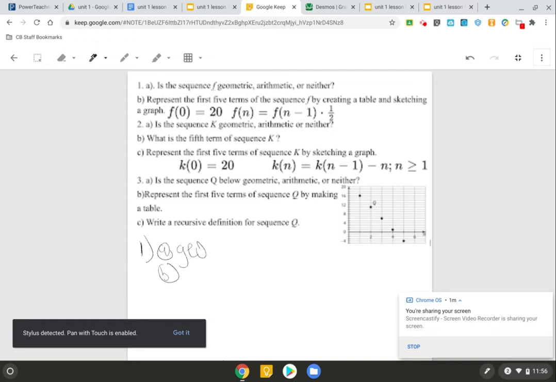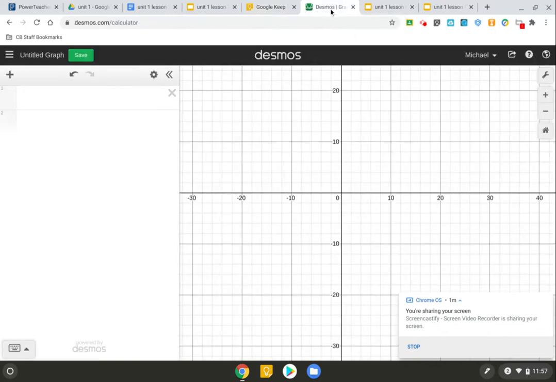Part B, represent the first 5 terms of the sequence F by creating a table and sketching a graph. In order to do that, I'm going to use Desmos to help us. It's very simple to create a table. If you open up Desmos, hit the plus button, and click table.